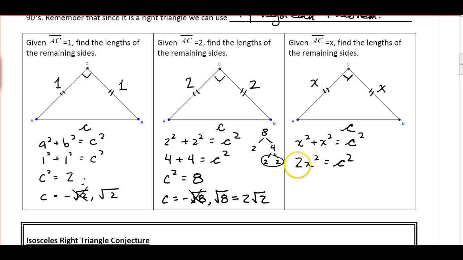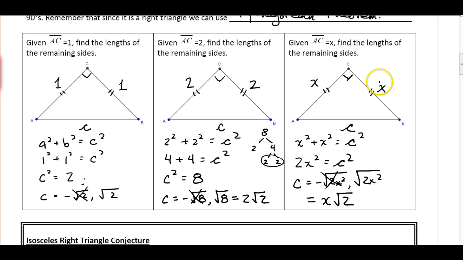I'm going to take the square root of both sides and flip things around here, so I'm going to end up with c is equal to negative square root of 2x squared and positive square root of 2x squared. I'm going to simplify here. I don't need the negative one, which means that c is equal to the square root of x squared, which is just x, so I'm going to pull that out to the front, and then the square root of 2.